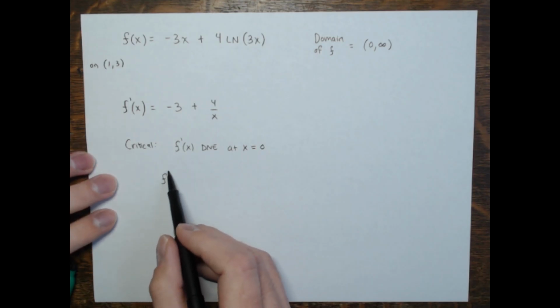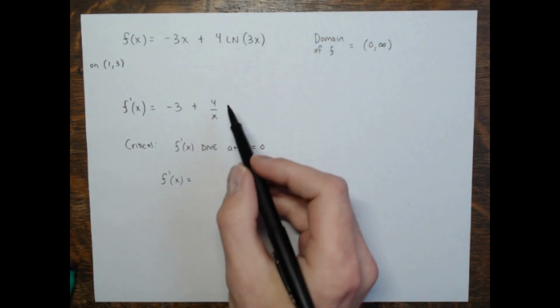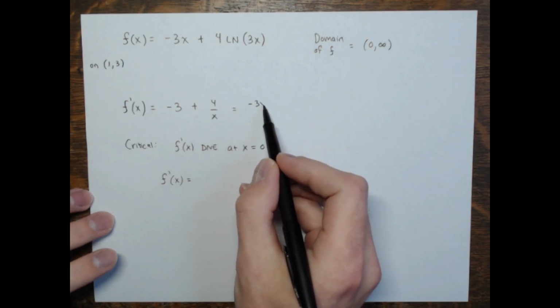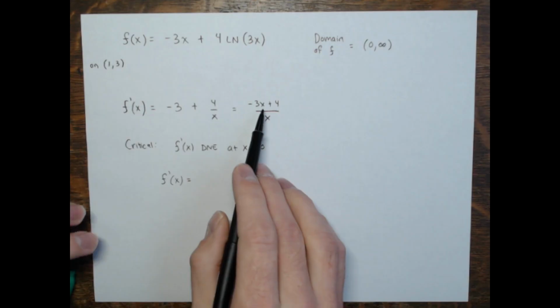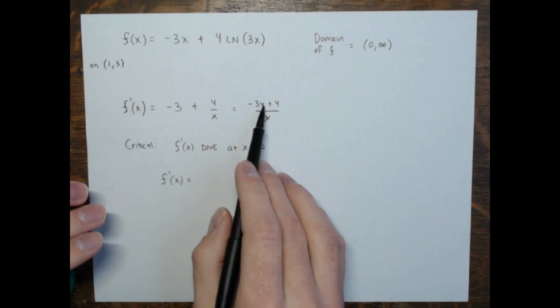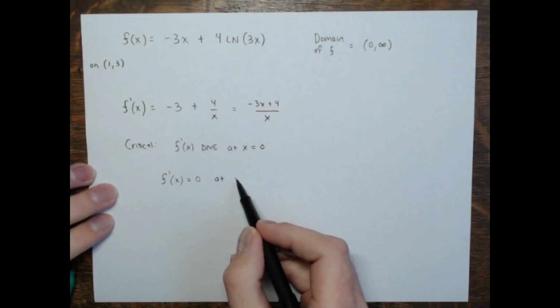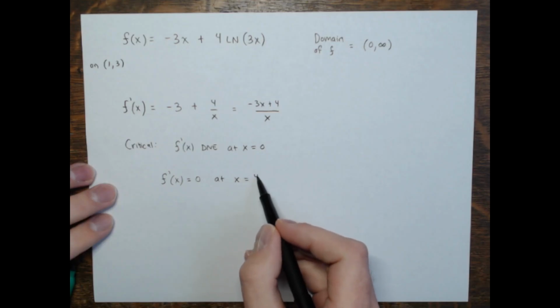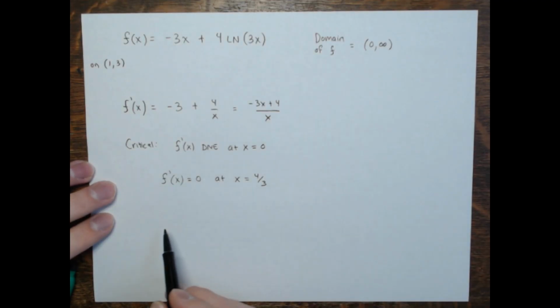Now it will be equal to 0. If you put these together with a common denominator, this would be -3x plus 4 all over x. The numerator is going to be 0 when x is 4/3. So there's a good critical value, and 4/3 is actually in the domain.